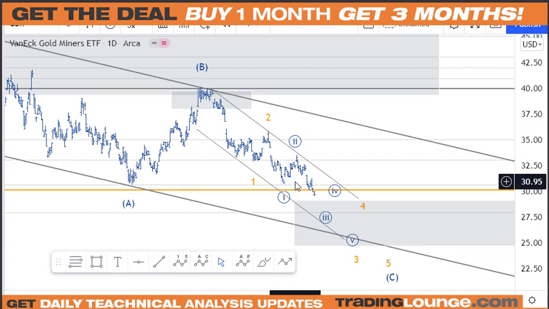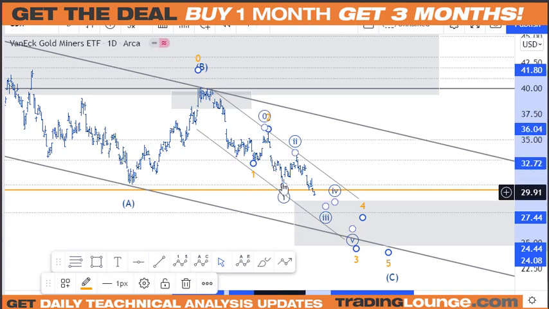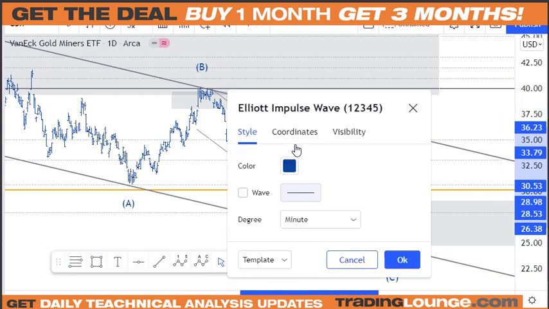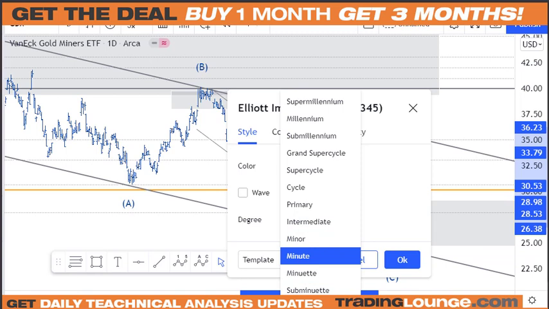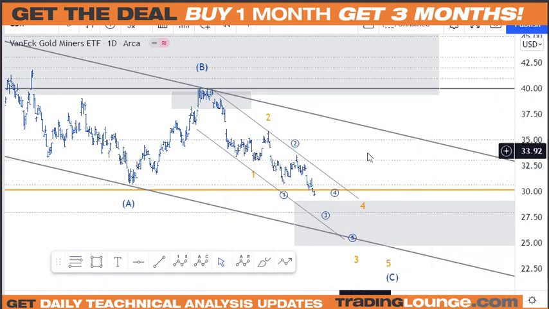But that's what we need to be careful about, you know, with gold, with US spot gold, that it doesn't break the lows, you know. So this down here is as wave 1 and 2 here, and then 1 here and 2 here. I think I'll just change these to micro, just so it's not too big and clumsy otherwise.